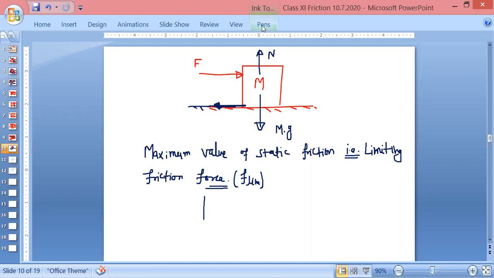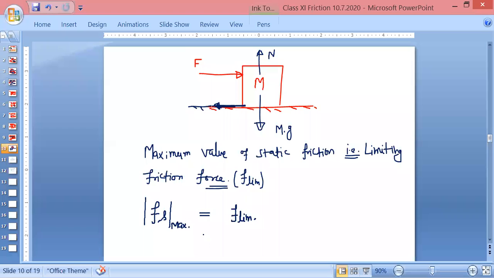Here I will write static friction, and its maximum value is equal to the limiting friction force.